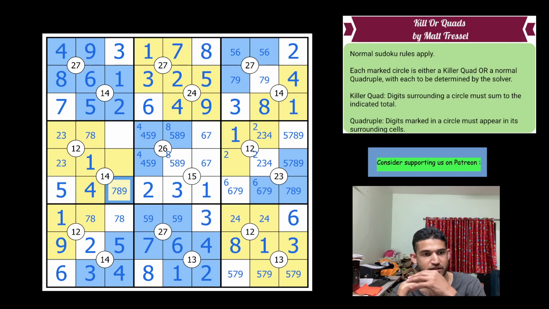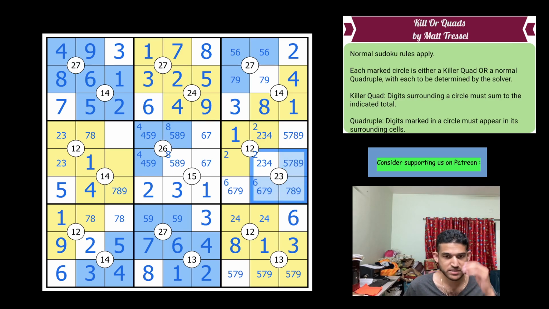Oh, this is hard, guys. Extremely hard Sudoku. So how can I satisfy this? That's the important question.